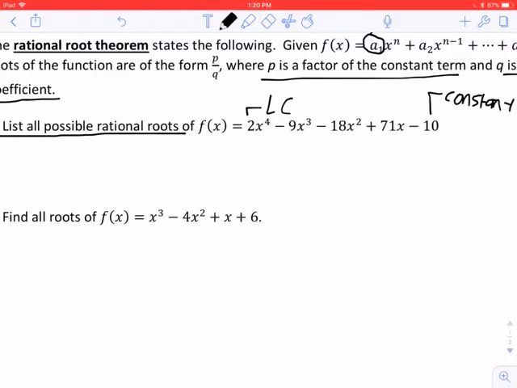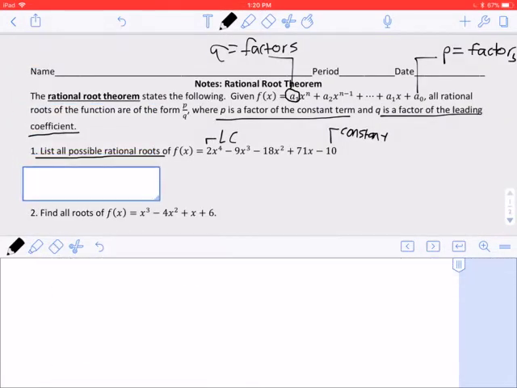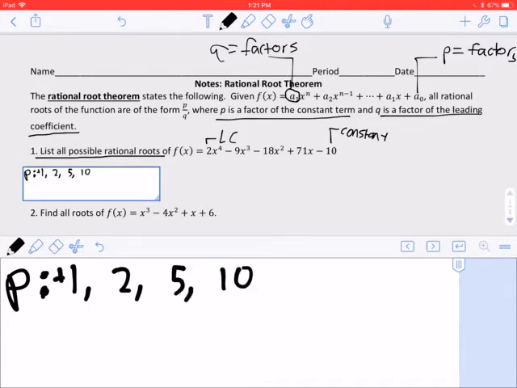Then p is going to be all of the factors of 10. And all the factors of 10 could be 1, 2, 5, and 10, but we could have plus or minus on all of these.